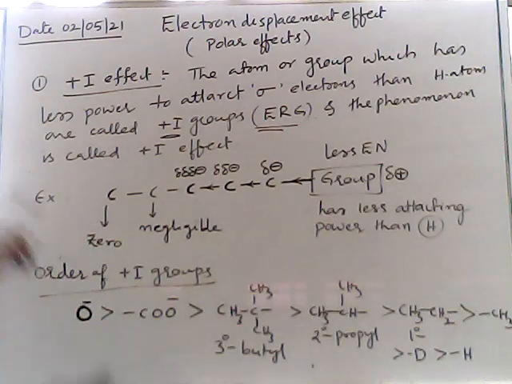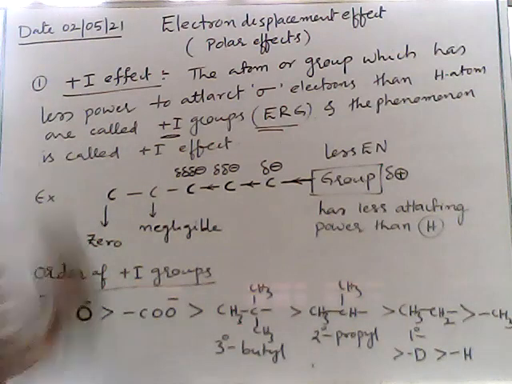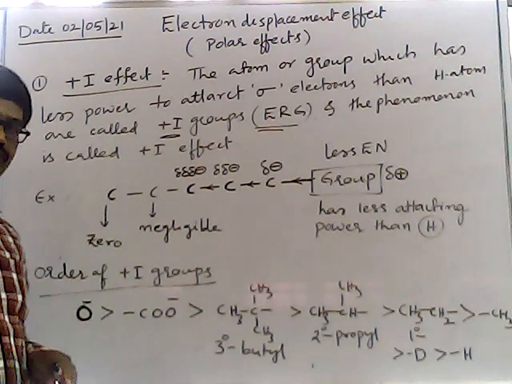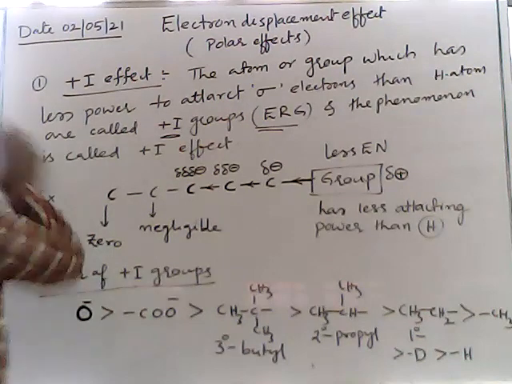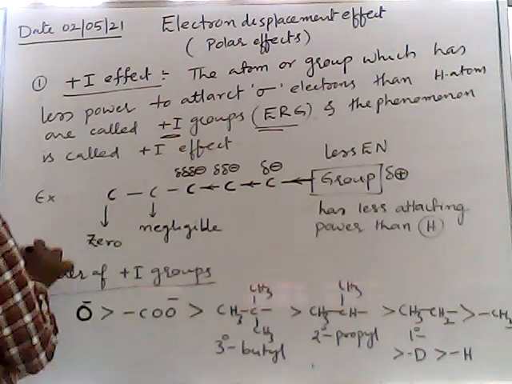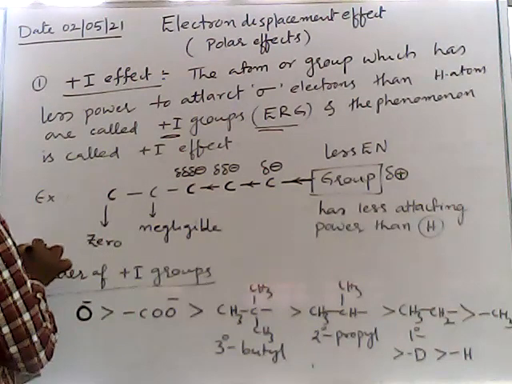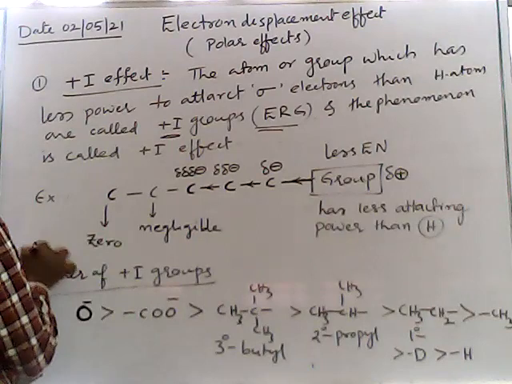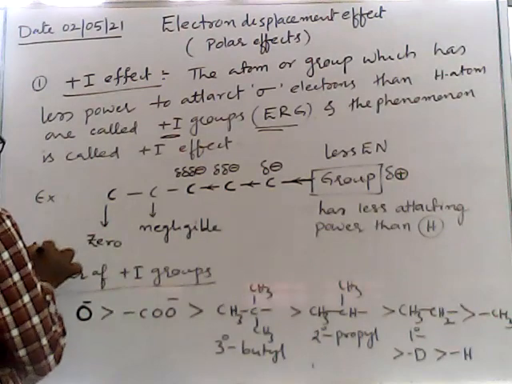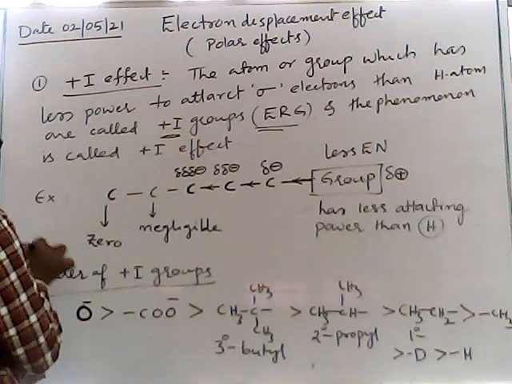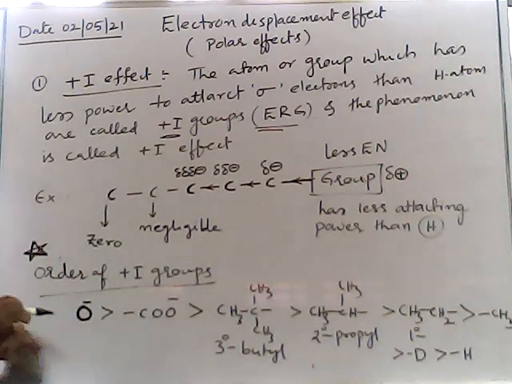Then next about minus I effect. This is about plus I effect. Then minus I effect. The important thing is this one. From the examination point of view, for NEET aspirants, otherwise for anyone who attends any objective examination, this is very important.